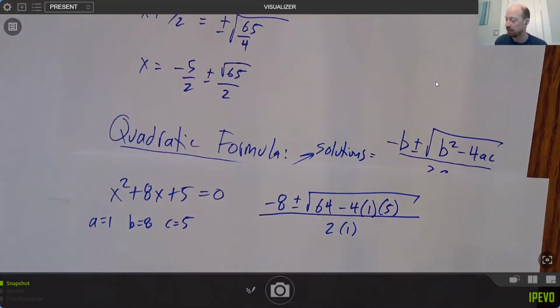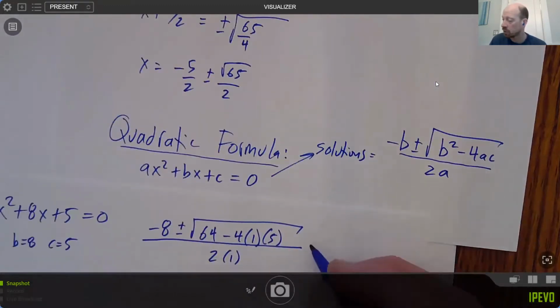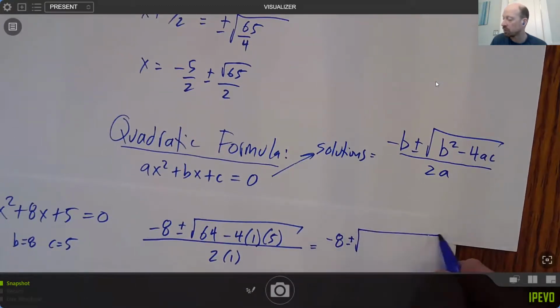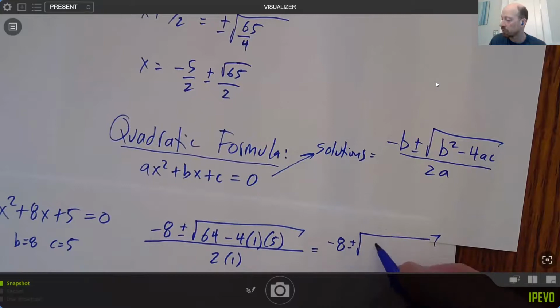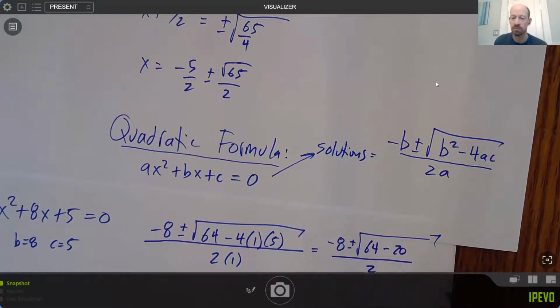So this is minus 8 plus or minus the square root of 64 minus 20, over 2.